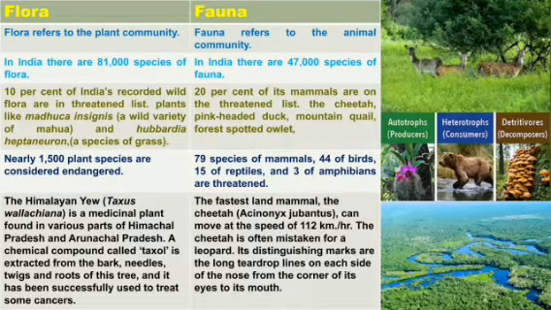Its distinguishing marks are long teardrop lines. Now we can differentiate the cheetah from the leopard by these teardrop lines, which run from the corners of its eyes to the mouth alongside the nose. Now that was fauna and flora.